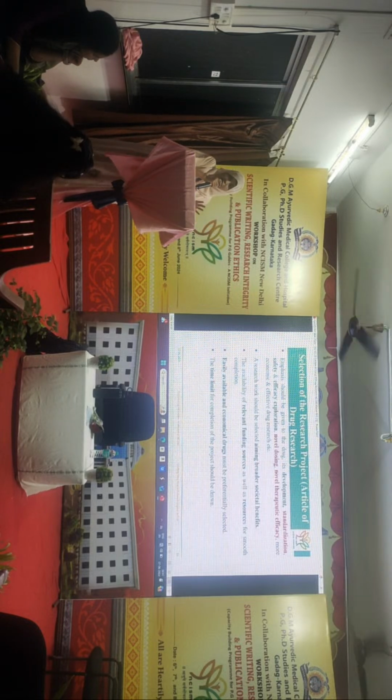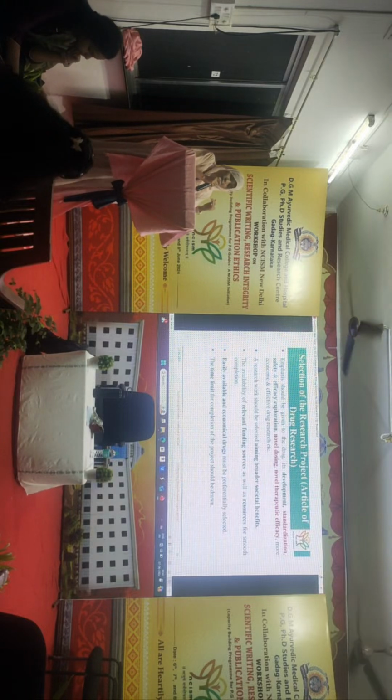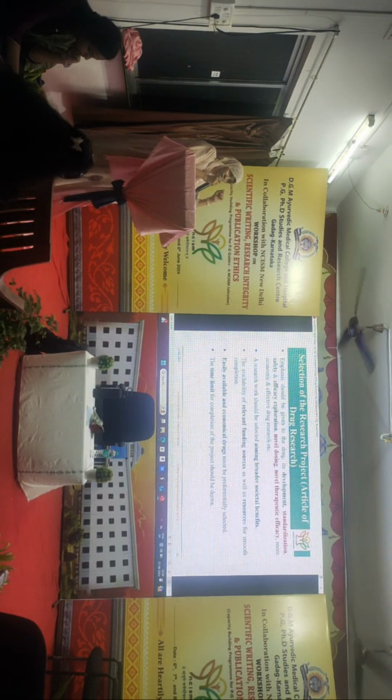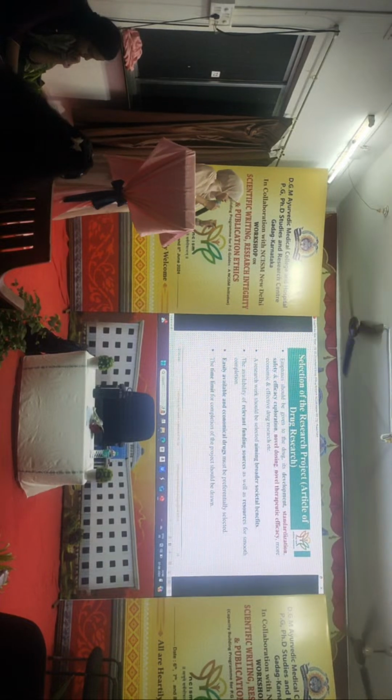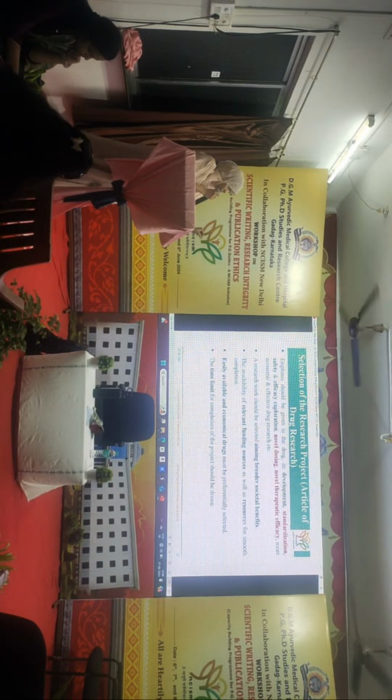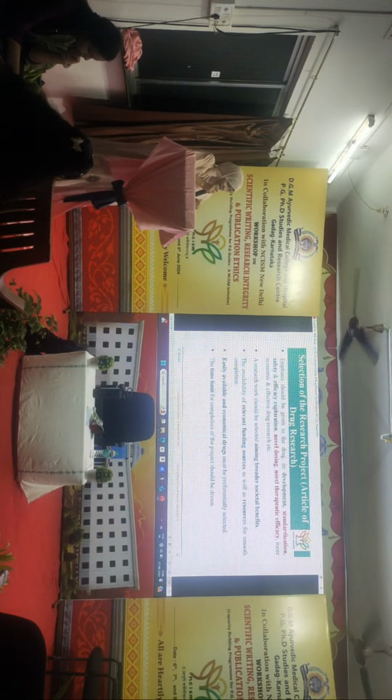Such a drug we are not going to select. So what is the availability? Whether it is easily available. Are the people ready to fund it? Do we have the resources for smooth completion? All has to be borne in mind. So whether it is easily available, economical, cost effective, it must be preferentially selected.